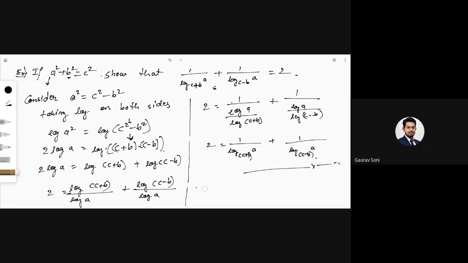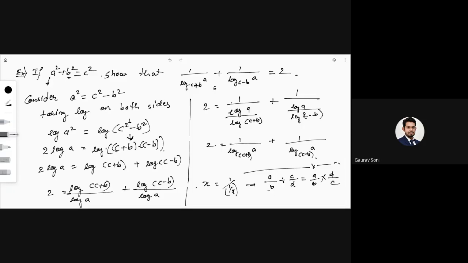Reciprocal, when I say reciprocal, say x can be written as 1 upon 1 by x. This comes from the property that you have studied in your ninth standard, which says that a by b divided by c by d, I can write as a by b into d by c.